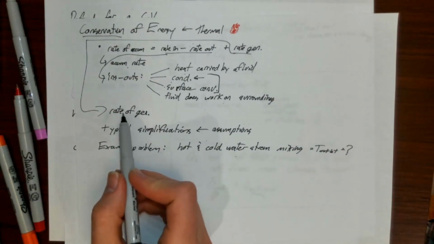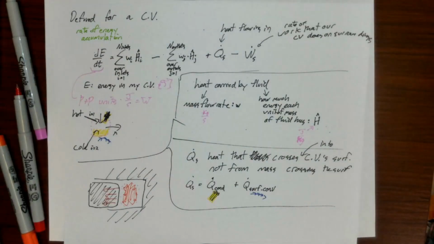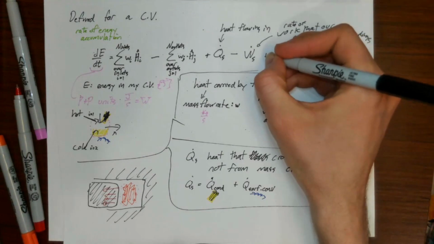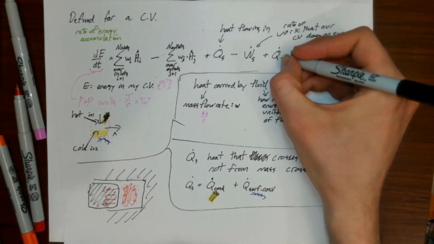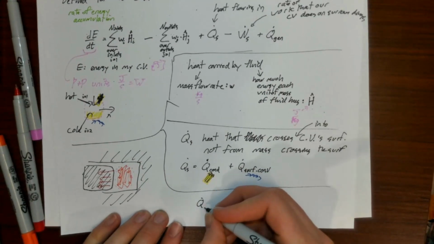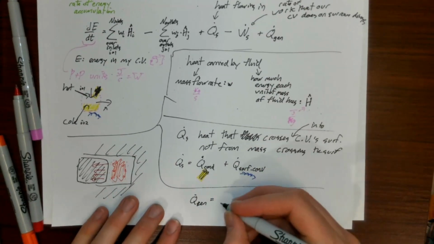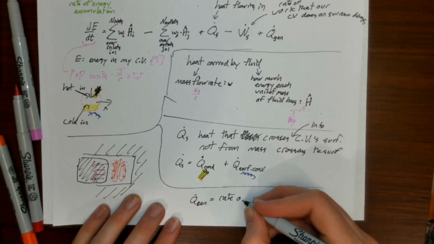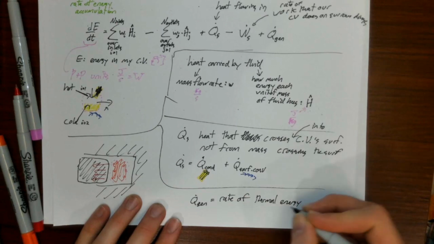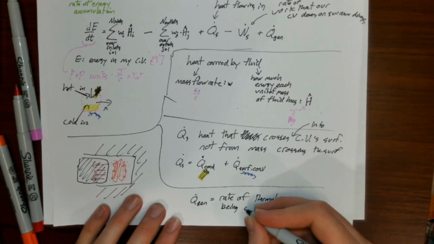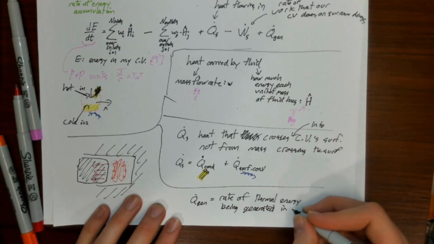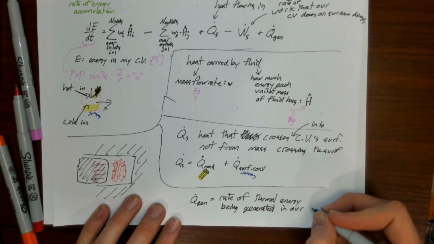We have one more term in here, the rate of generation. So what might that look like? Well, we could give it its own variable, Q dot gen, and we could define it down here. So this would basically be the rate of thermal energy being generated in our control volume.